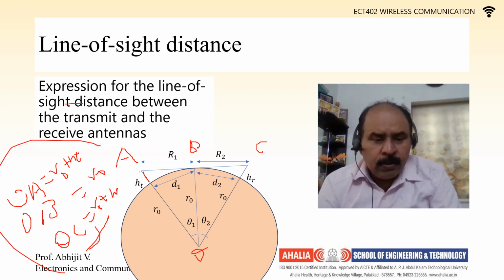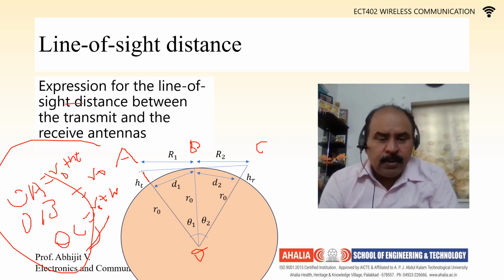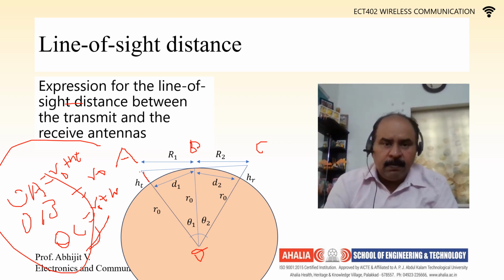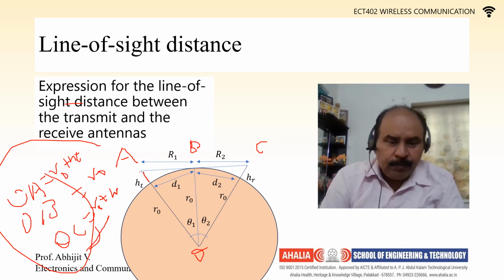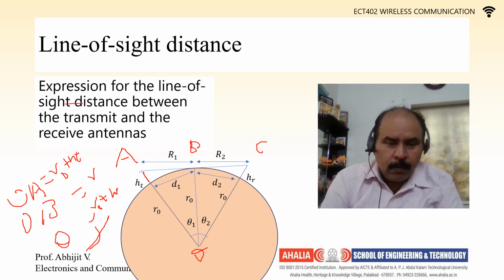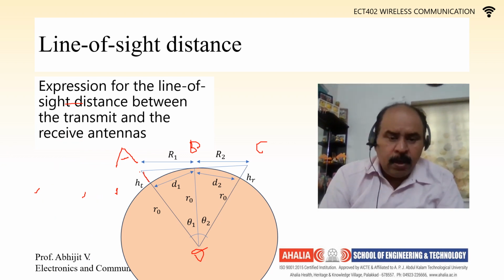With this we'll be able to calculate the line of sight distance between the transmitting and receiving antennas, and we'll have problems based on this. We'll do that today. Have you all noted this down?